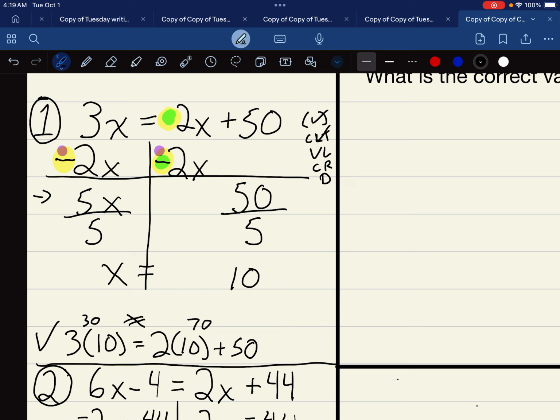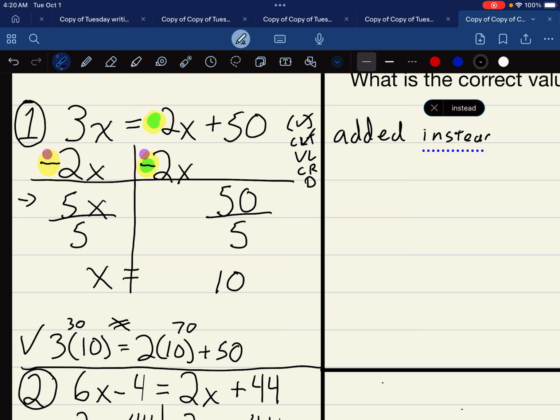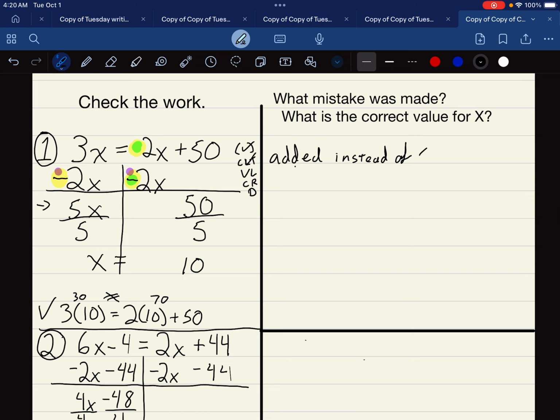So over here, we're going to write added instead of subtracting.